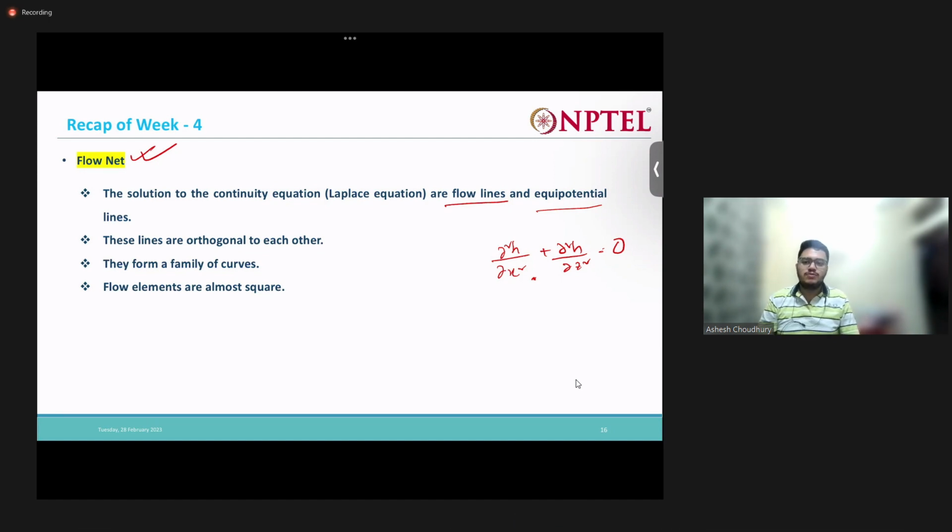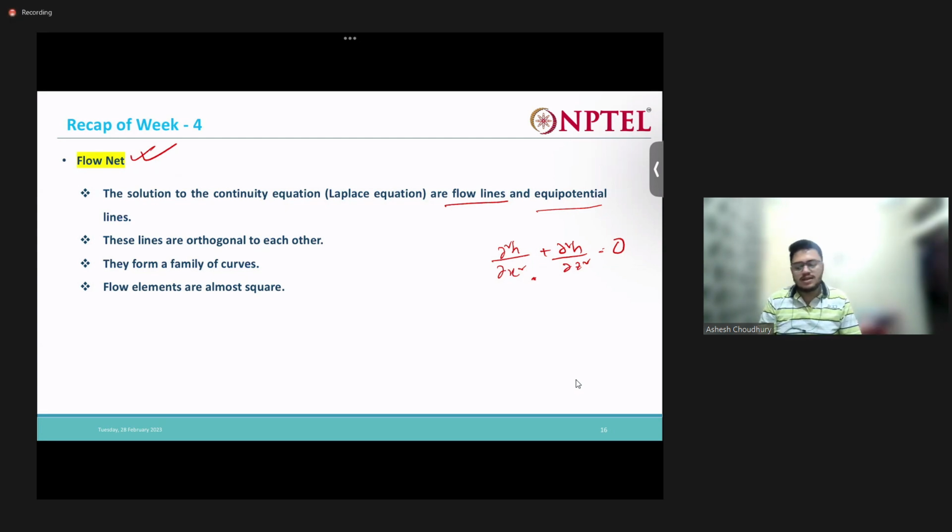Using this flow net, we can determine the amount of flow across a hydraulic structure such as a dam, an earth dam, or a sheet pile wall, or any other structure. We can also calculate the head at any point, the seepage pressure, and the base pressure. All those things we will be looking into one by one slowly.